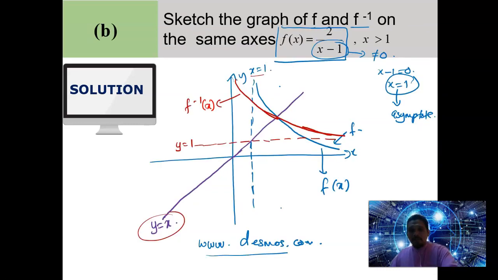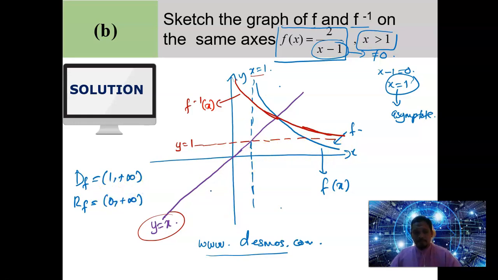So what is the domain of this function? Class, what is the domain of this function? The domain of this function is from 1 to positive infinity. And the range, look at this blue graph here: this line will only approach the x-axis but won't touch it, so the range is from 0 to positive infinity.